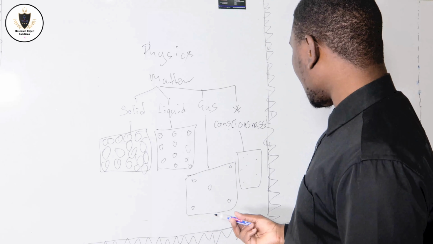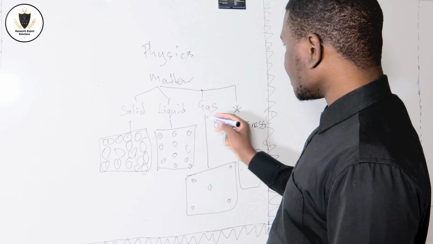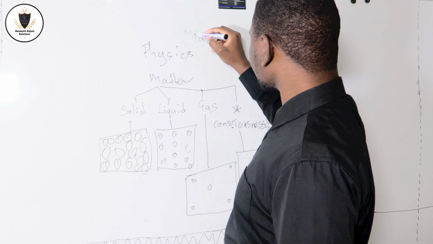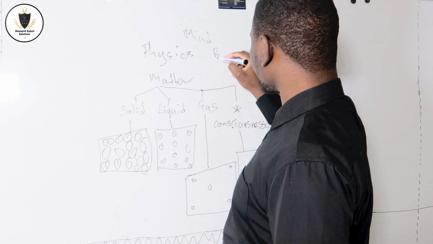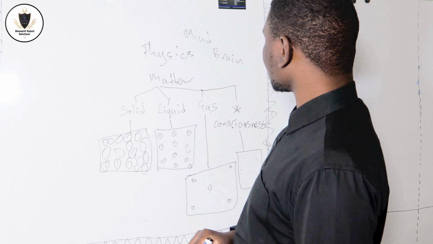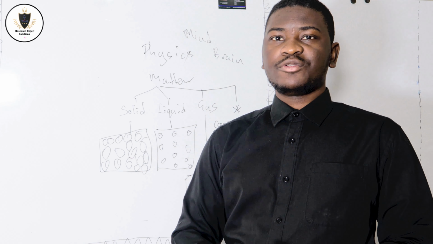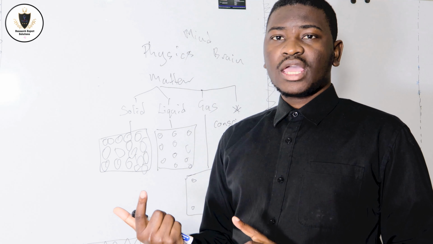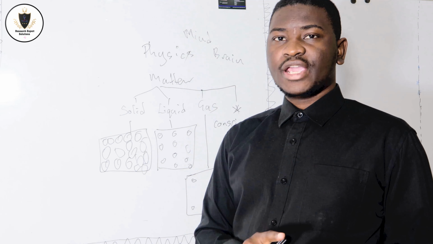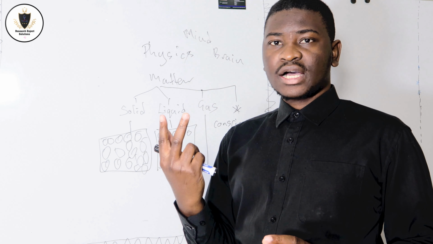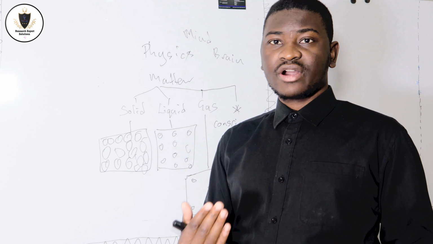Now, I talked about mind and brain, right? So basically, consciousness is highly related to the mind than the brain, but these three things actually interact.